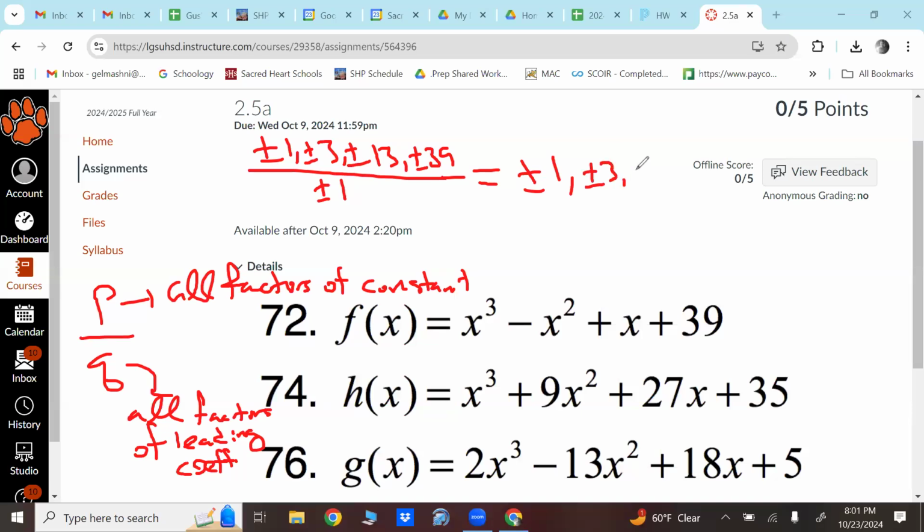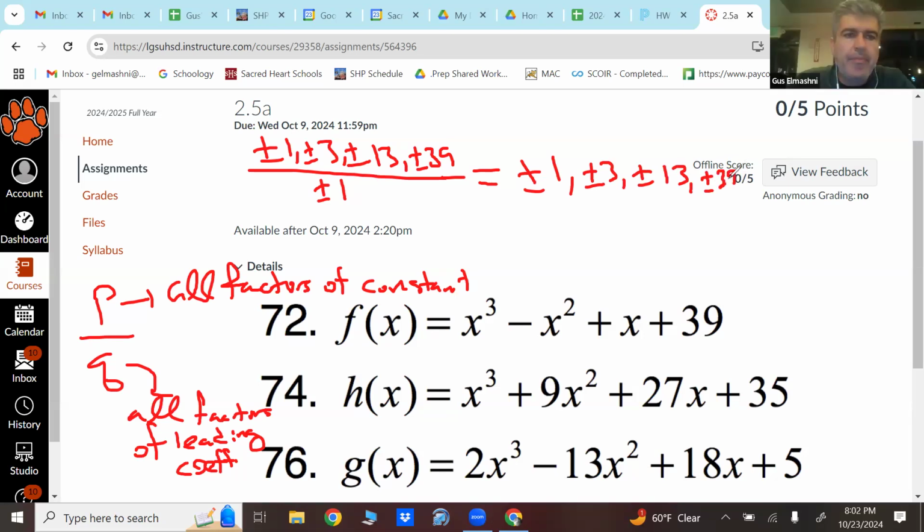Now you have to test these numbers out by doing synthetic division.